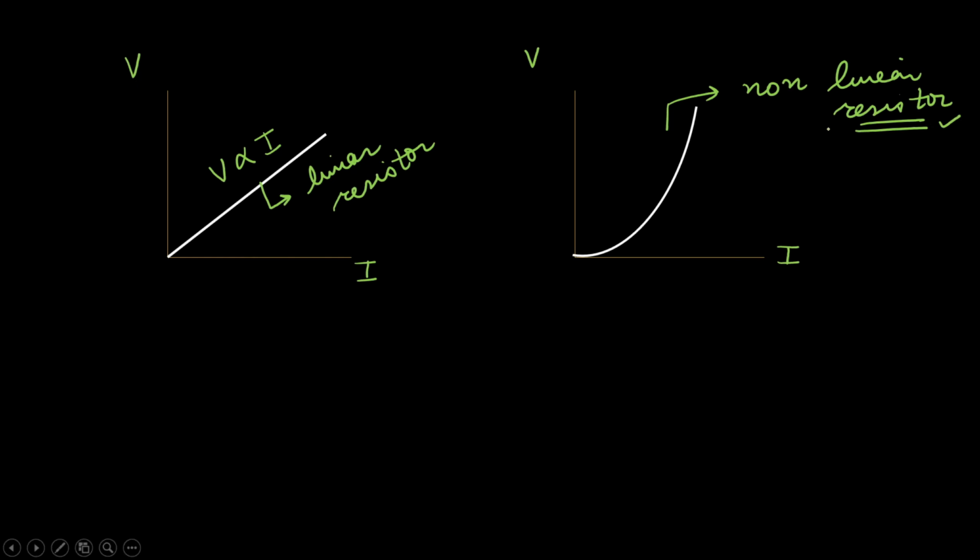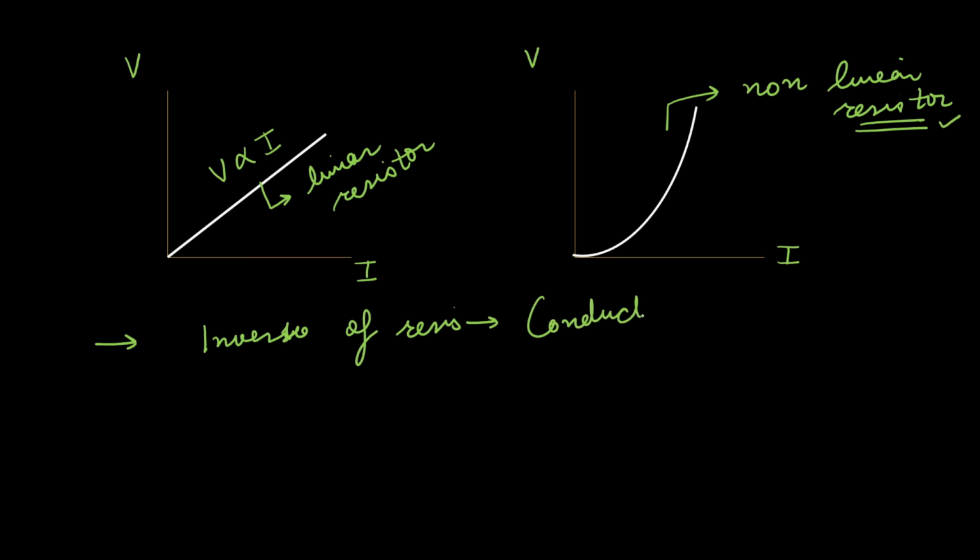The next thing you need to remember is that the inverse of resistance is conductance, and it is denoted by the symbol G. Conductance is measured in Siemens, which is denoted by the symbol S. So your conductance G is equal to the inverse of your resistance.